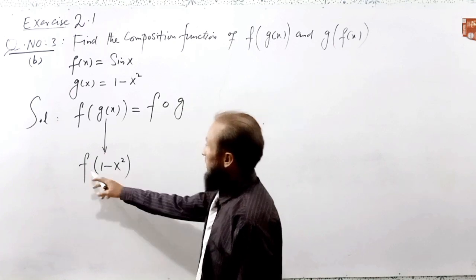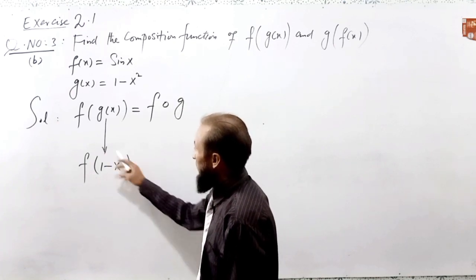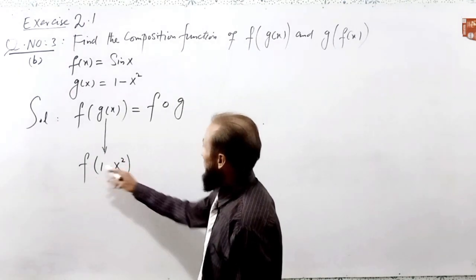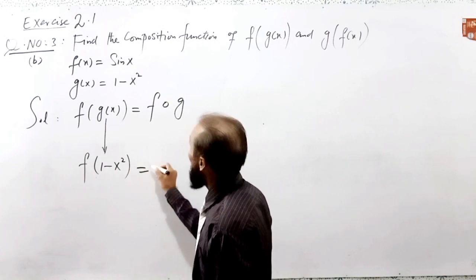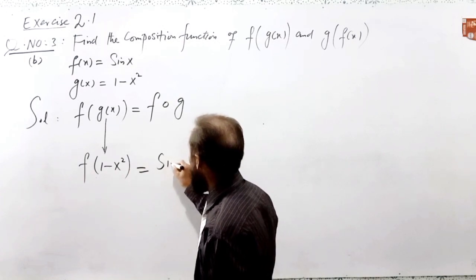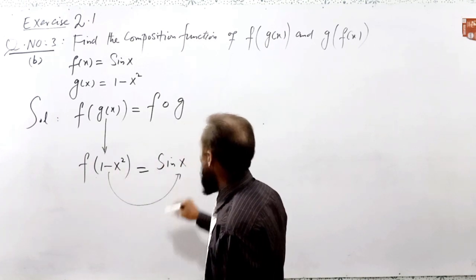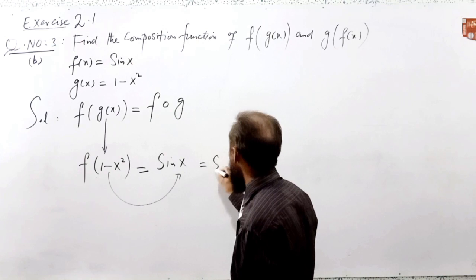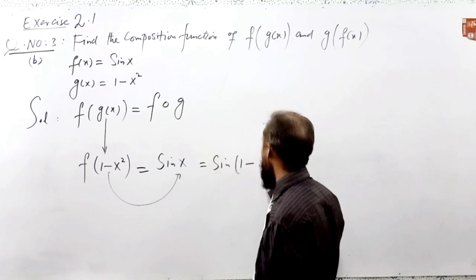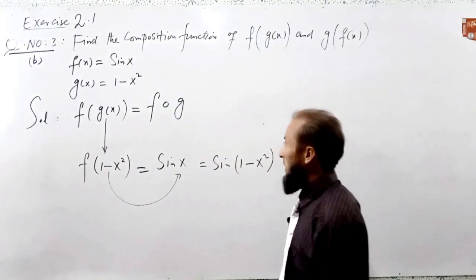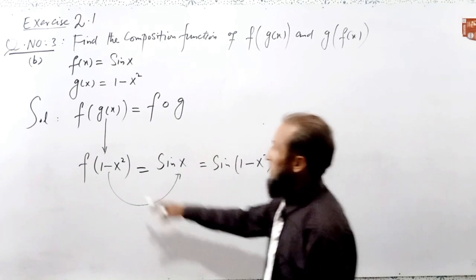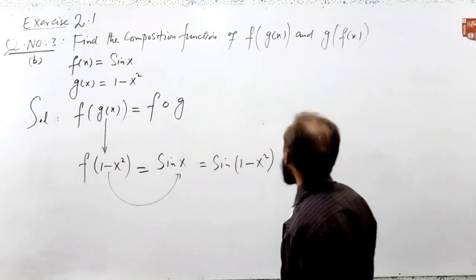Similarly, consider f of x. F of x is already given, we have sin x. In the place of x, we put this result, so sin of 1 minus x square. That is the result of f of g of x.